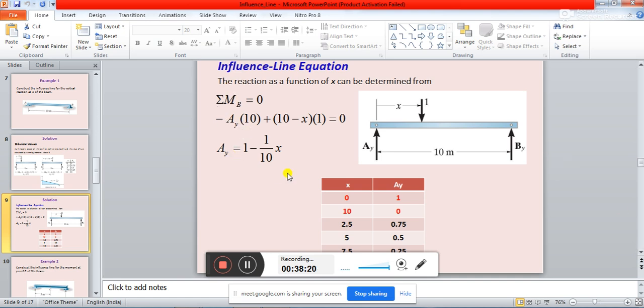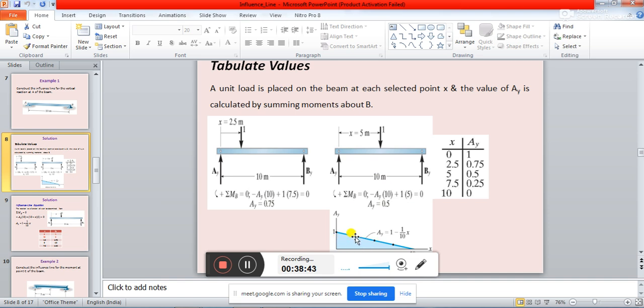This is the one I have shown you using that Word document, step by step calculation. If I position the load at a distance x from some point, you notice that when we are writing the influence line diagram, we are not mentioning any unit.